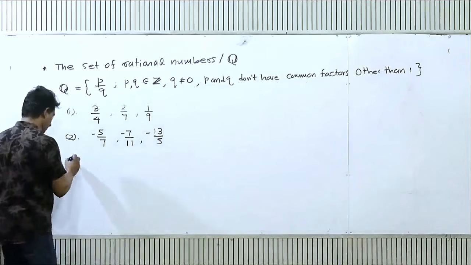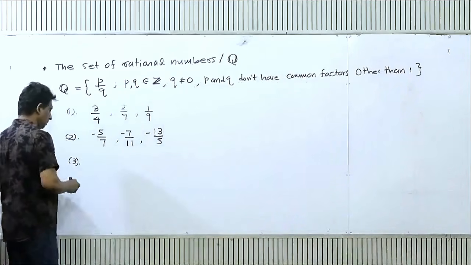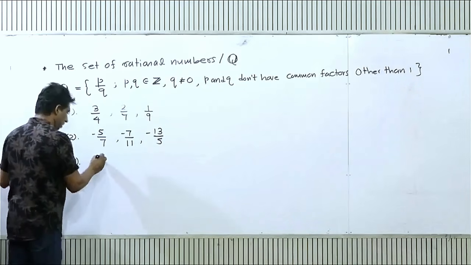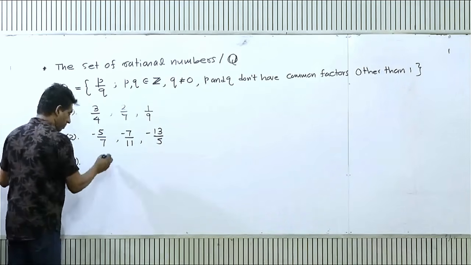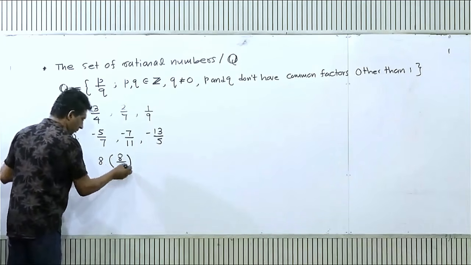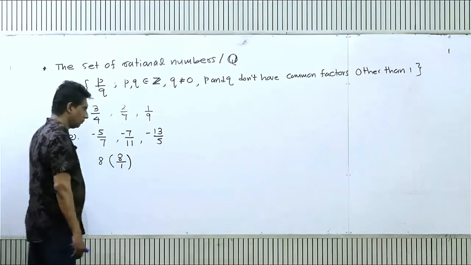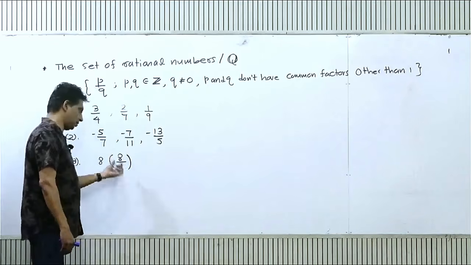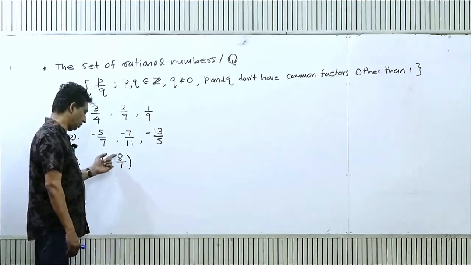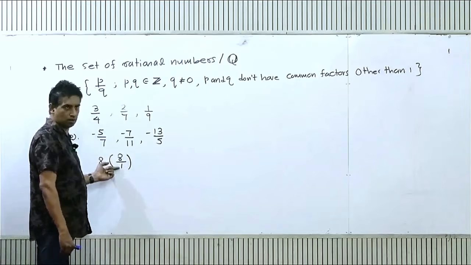Then third example. If we take as an example 8, we can write 8 over 1. 8 we can write this way. Then 8 and 1 are integers. This one is not 0.